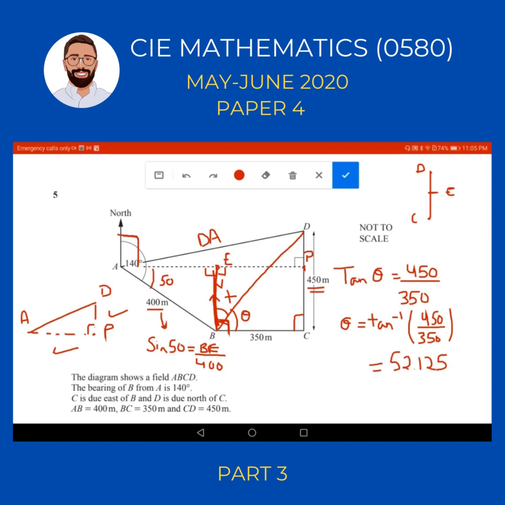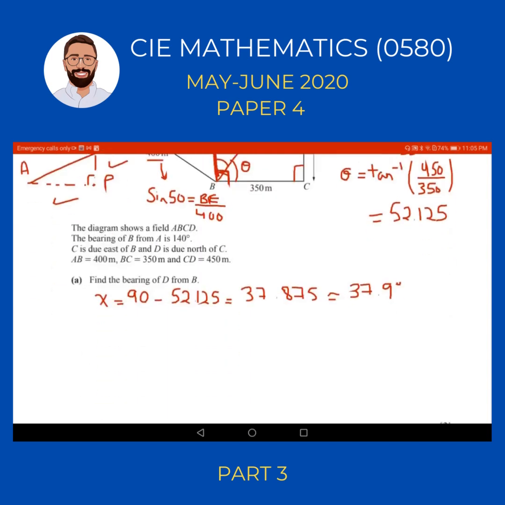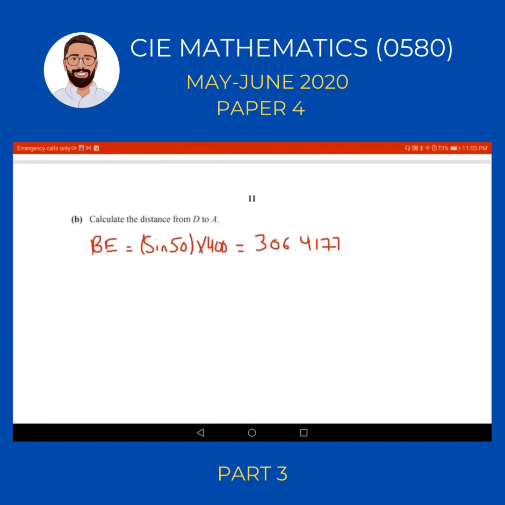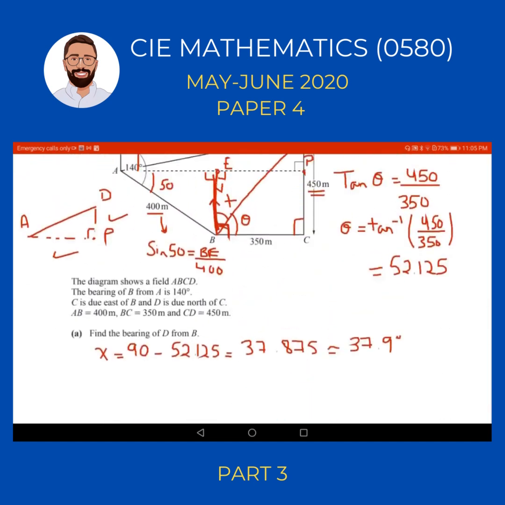So DP is equal to 450 minus 306.4177, and the answer is 143.58. So that's DP.